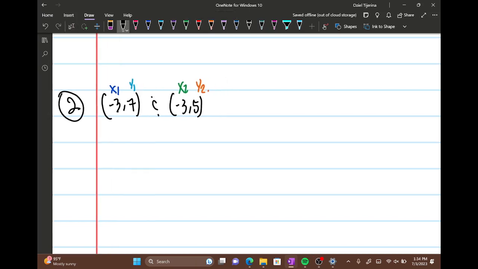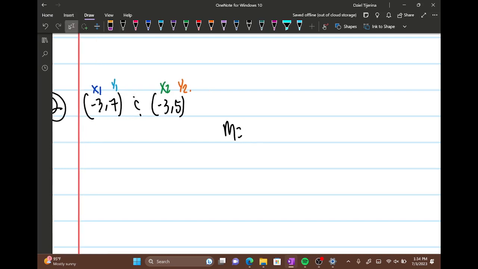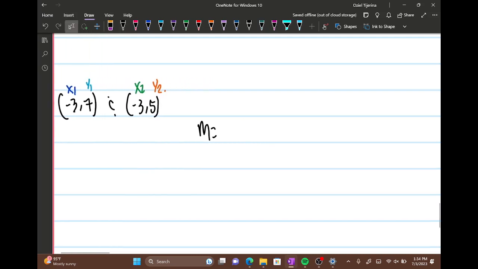So again, I'm going to write my formula, m equals, and I always like to list, and we're going to first write the formula here.